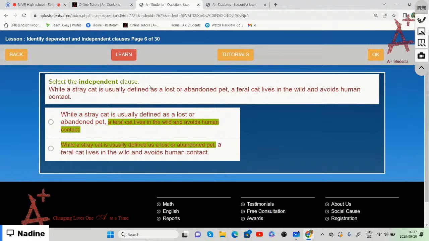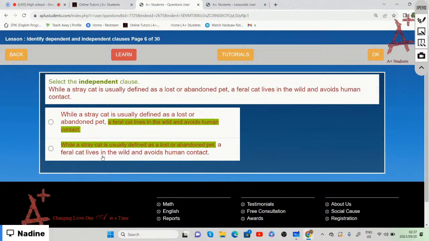So now we need to select the independent clause within this sentence. While a stray cat is usually defined as a lost or abandoned pet, a feral cat lives in the wild and avoids human contact. Is it the first option, a feral cat lives in the wild and avoids human contact, or the second option, while a stray cat is usually defined as a lost or abandoned pet?